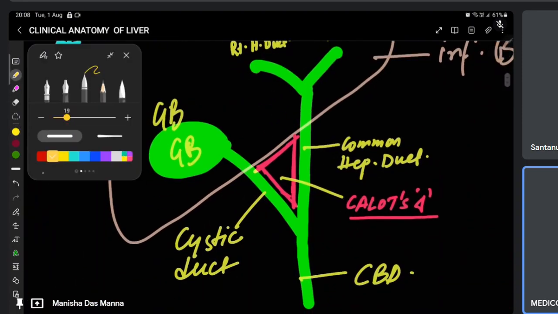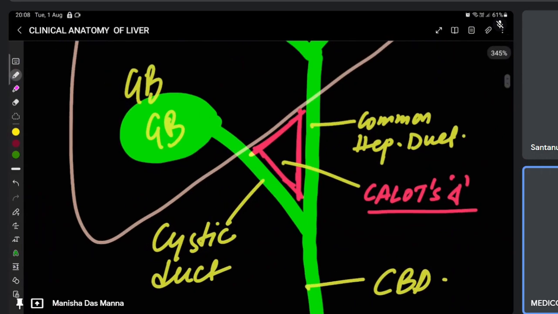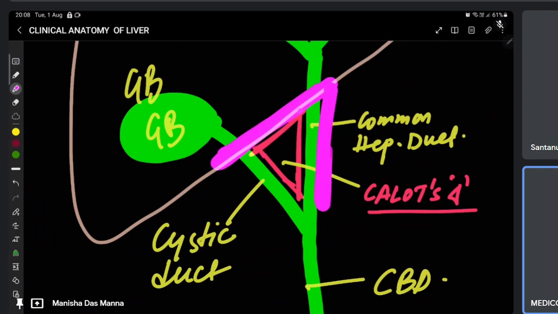So previously, it was considered that this triangle, formed by the inferior border of the liver, the common hepatic duct, and the cystic duct, was the Calot's triangle. Are you appreciating this triangle?